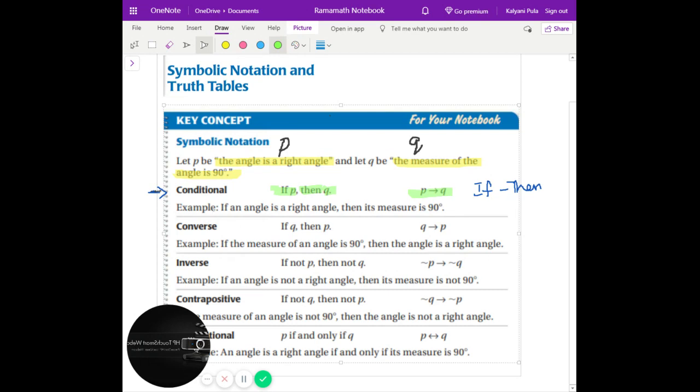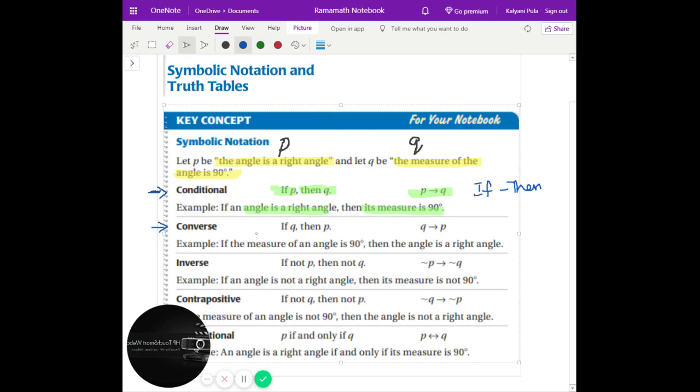In words: if an angle is a right angle, then its measure is 90 degrees. We learned this one already. We're basically reviewing it, but again, we're looking at the truth tables, whether it is true or not. The next one is the converse.